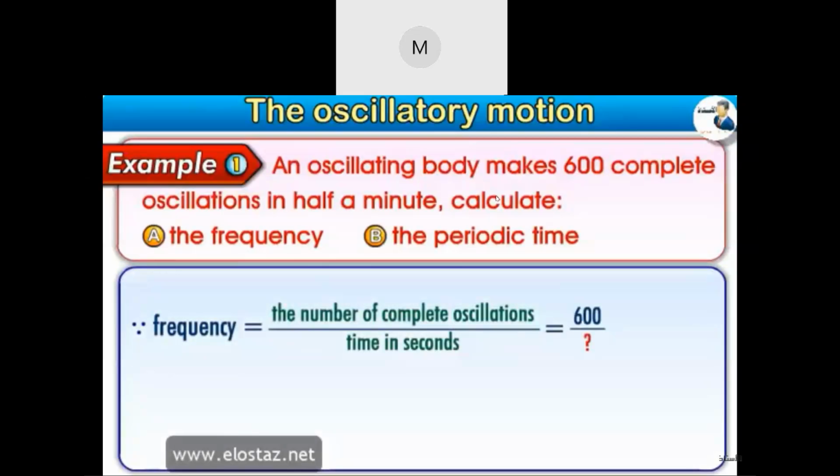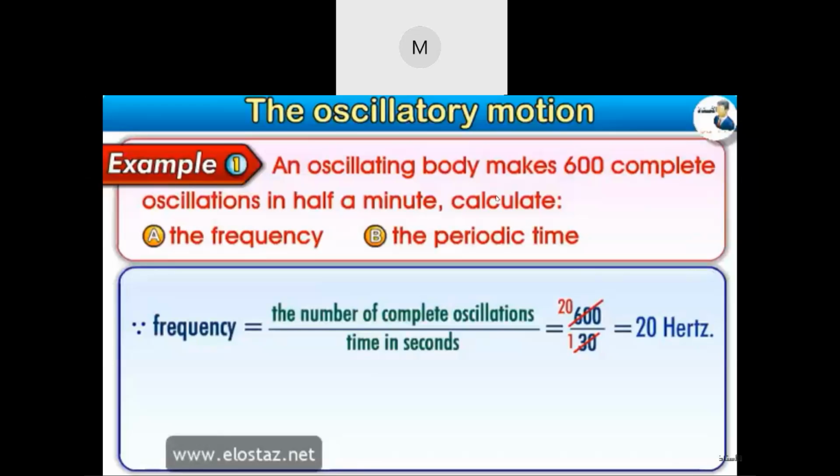Don't say over half a minute, because frequency is calculated in seconds. Half a minute equals 30 seconds. So frequency equals 600 over 30 equals 20 hertz. And as you know, hertz is the measuring unit of frequency. It equals a complete oscillation per second.